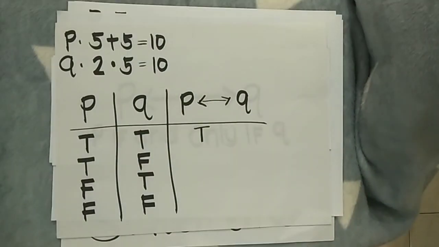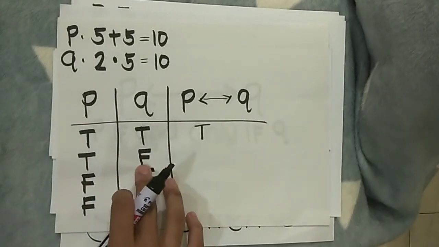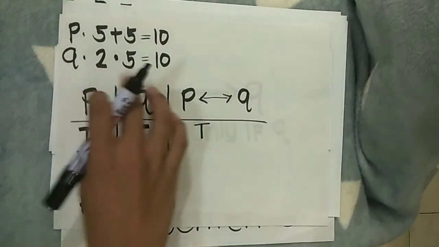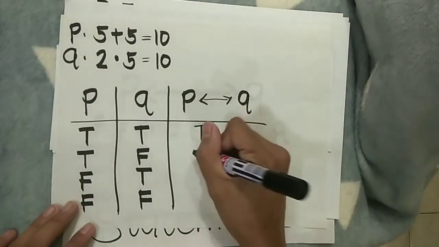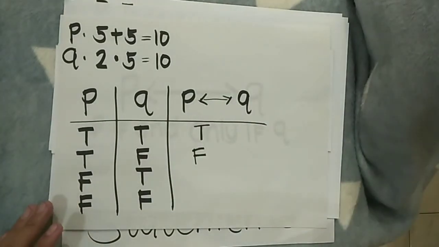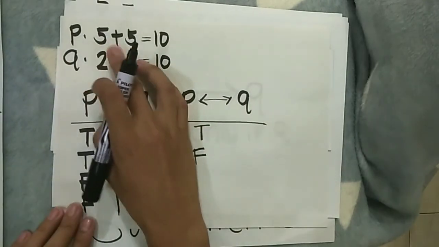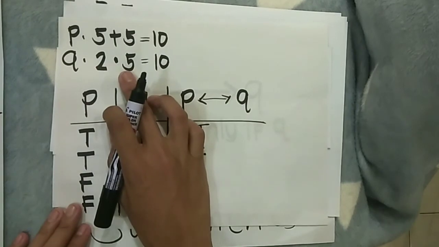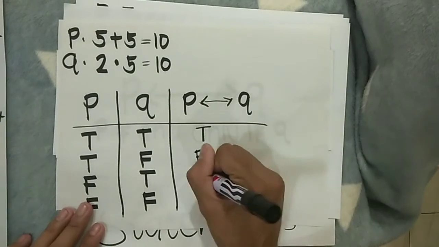And now, when one statement is true and the other statement is false, like when I know that 5 plus 5 equals 10, but it turns out that 2 times 5 does not equal 10, well, that's not going to meet my expectation, so that is false. In the same way, if I found out that 5 plus 5 does not equal 10, but 2 times 5 does equal 10, then I'm going to have a false.